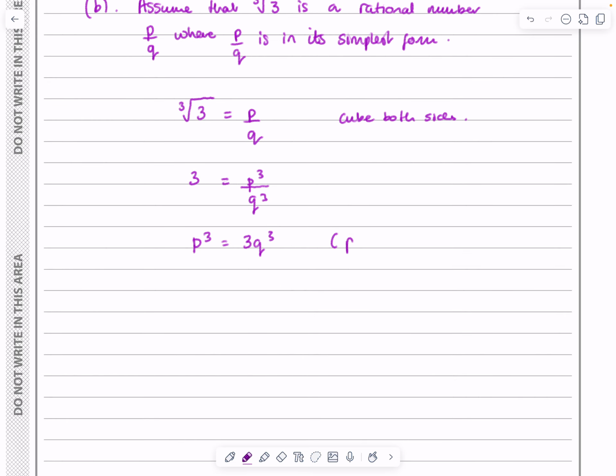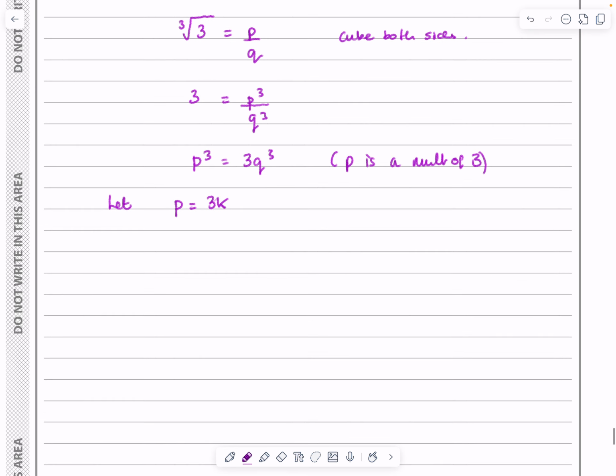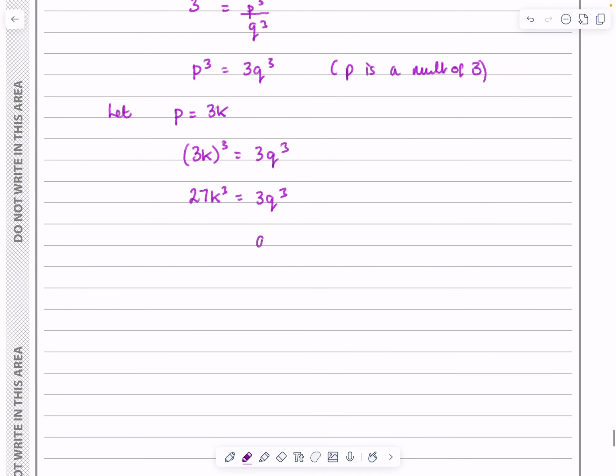So this means that p is a multiple of 3. If p is a multiple of 3, then p is equal to 3k. And so 3k cubed is equal to 3q cubed, which means 27k cubed is equal to 3q cubed, which means that q cubed is equal to 9k cubed. So what that shows me is that q is a multiple of 3 as well.